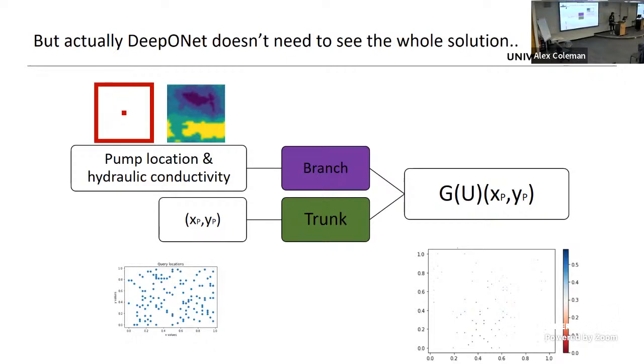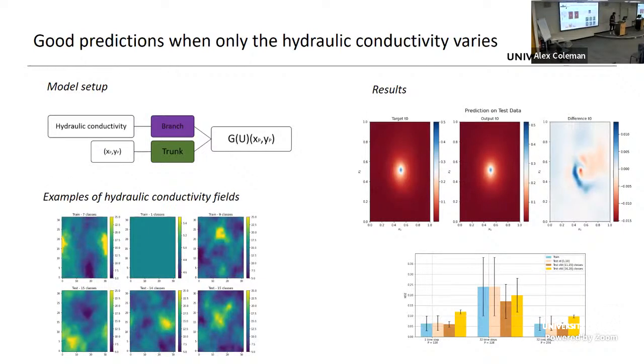In my case, I'm training with synthetic data, but a next step could be to apply it to a real case scenario where we only have these sparse observations. In the first analysis, I put the pump in the center of my domain and only change the hydraulic conductivity, so the input to the branch net is only the hydraulic conductivity field.